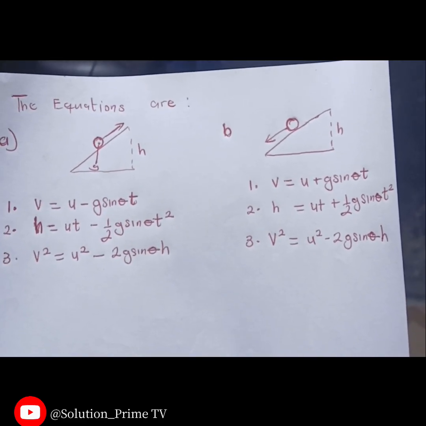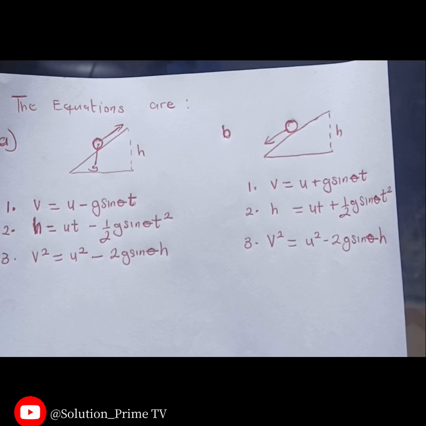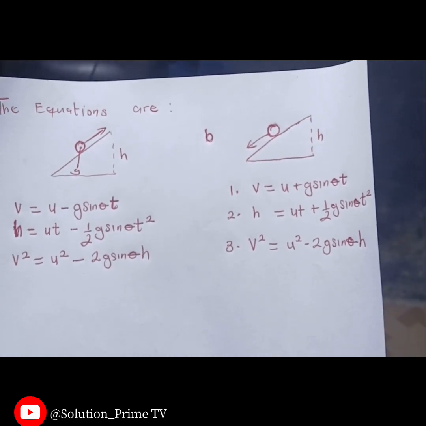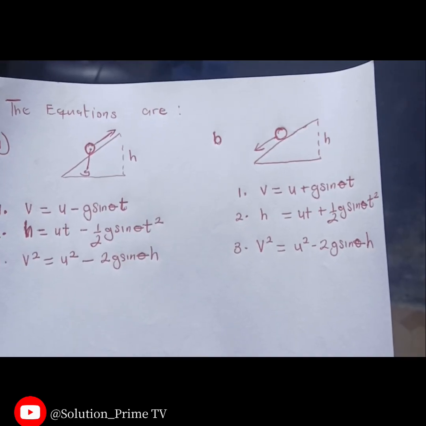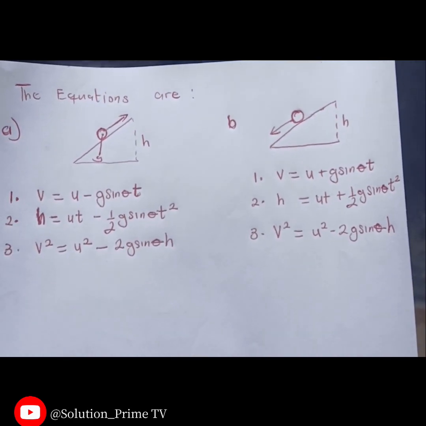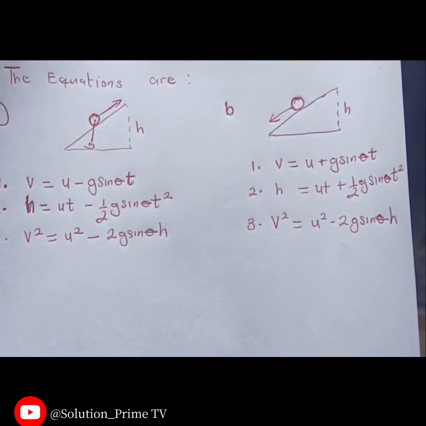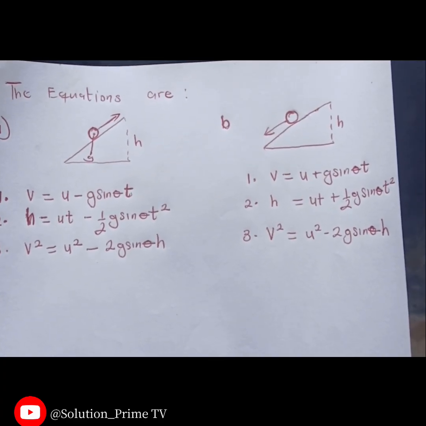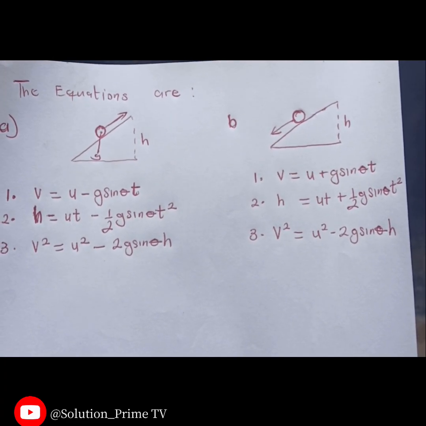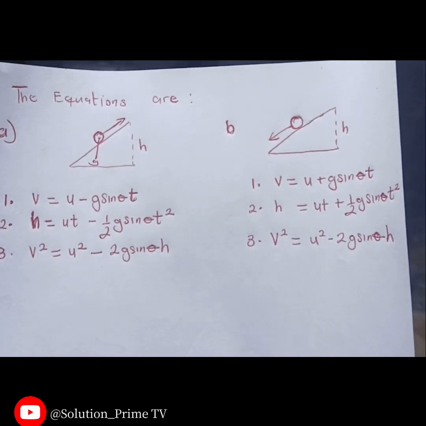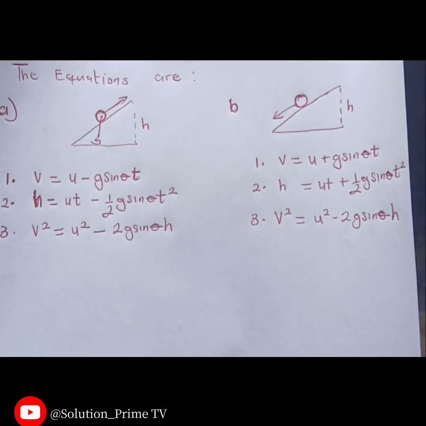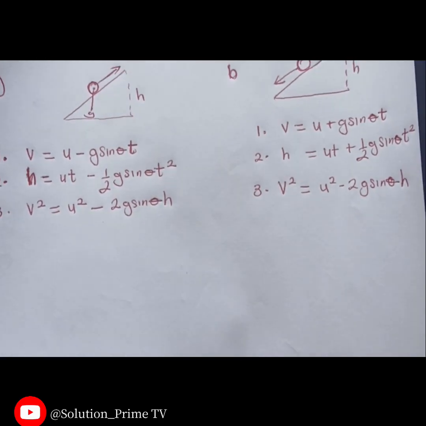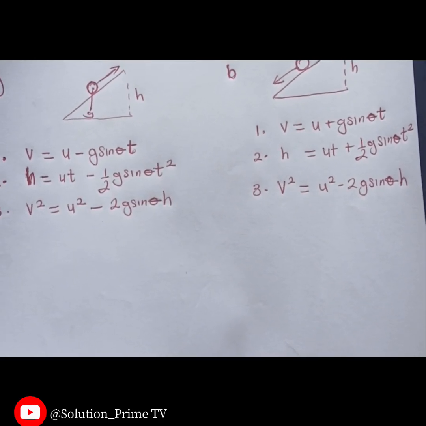Then the last one, v squared is equal to u squared minus 2 g sine theta h. Then B is when the body is moving downwards, moving with acceleration due to gravity, so you are going to get positive. Moving up experiences it as opposite gravity, which is negative. So that's the equation. Whenever a question is given, you just use the equation to solve the problem.